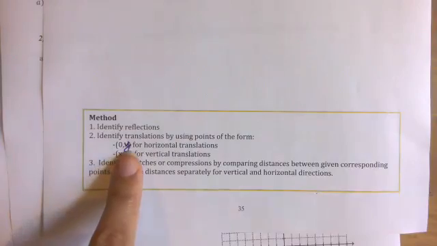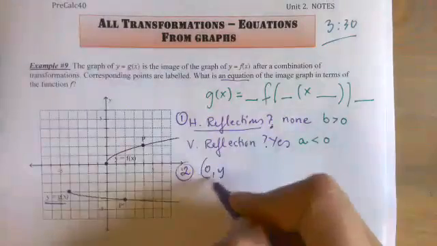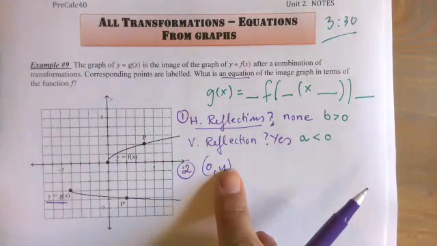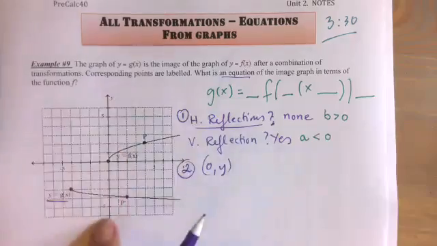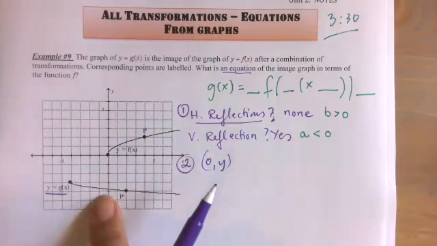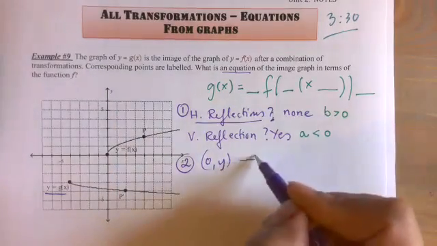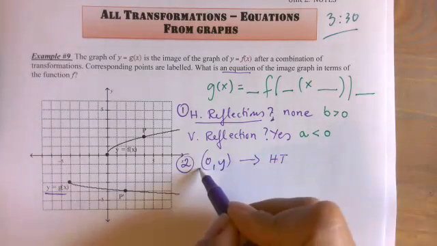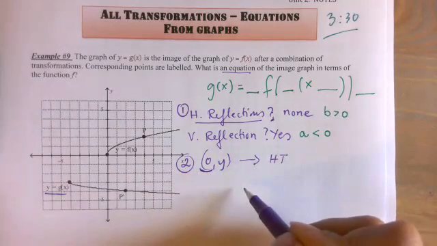So if you have a point of the form 0, y, basically our x coordinate is 0, and y can be whatever it wants. So it can be anywhere on the y-axis, the original point. Then this point will clearly show you a horizontal translation by whatever number you have in your new point.